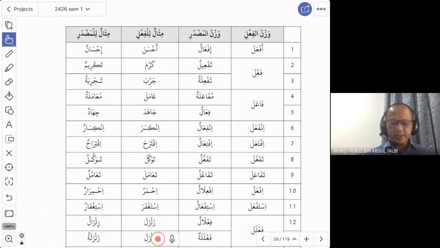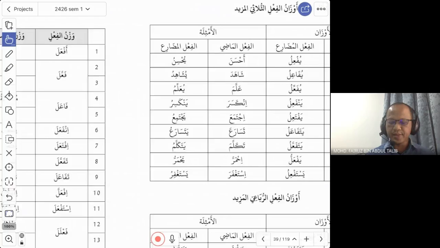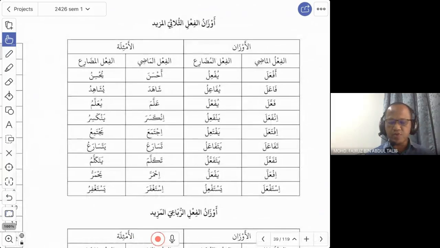Naam. Okay, so basically what we have here is first the wazan, the wazan of the fi'l. This is similar to what we had before. I gave you the same wazan: af'ala, fa''ala, fa'ala, infa'ala, ifta'ala, tafa'ala, tafa'ala, if'ala, istaf'ala.